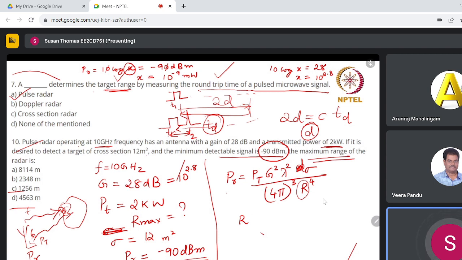I request you to do this calculation and let me know if you have any doubts, such as how to convert from dB or dBm to linear. I'll give you some time to try this calculation.